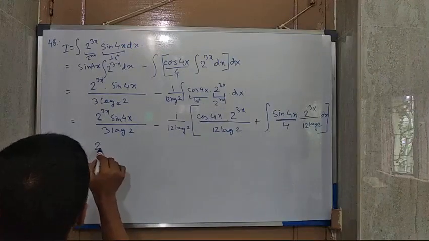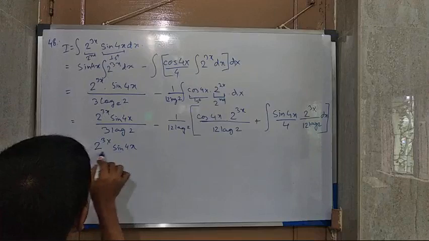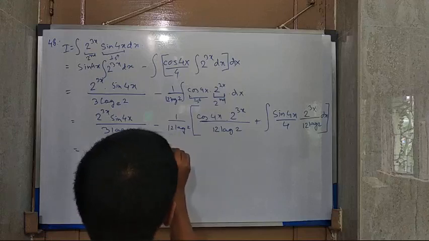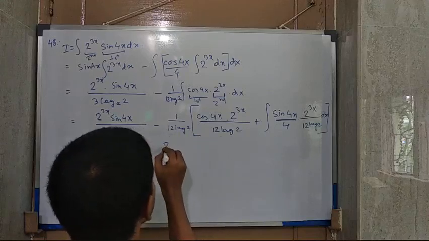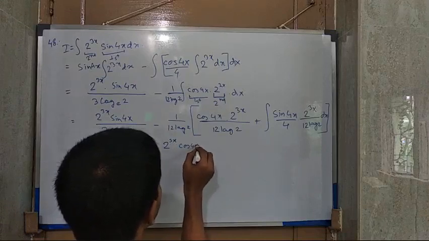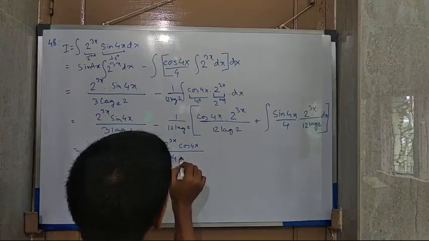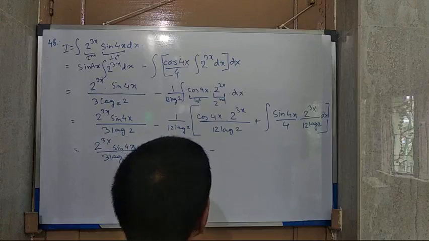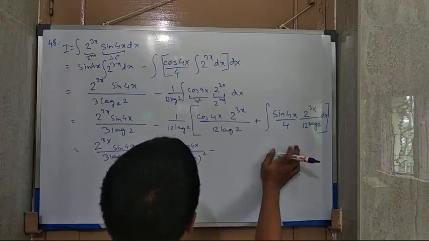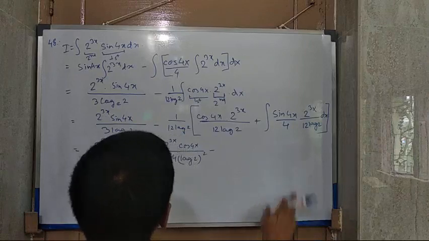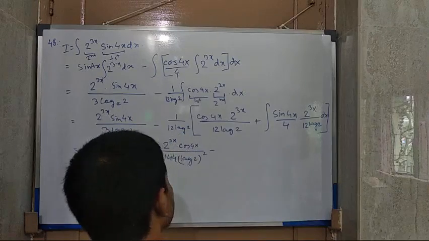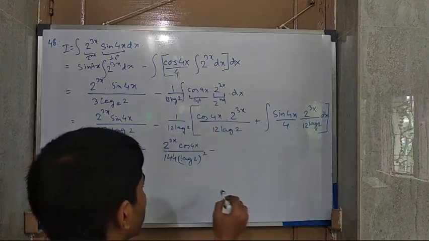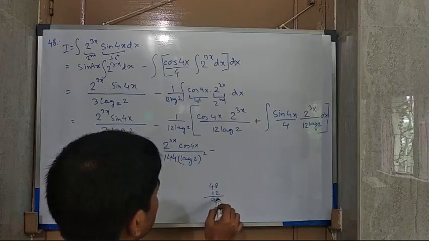So this is 2 to the power 3x times sine 4x divided by 3 log 2 minus, this is actually 2 to the power 3x times cos 4x divided by 144 log 2 square, and this is also negative of, yes, so this is actually 48 times 12. 48 times 12, 48 times 12 is 96, this is 48.